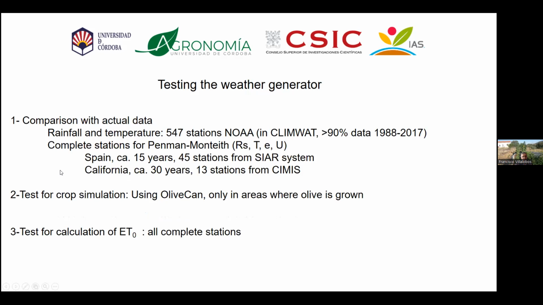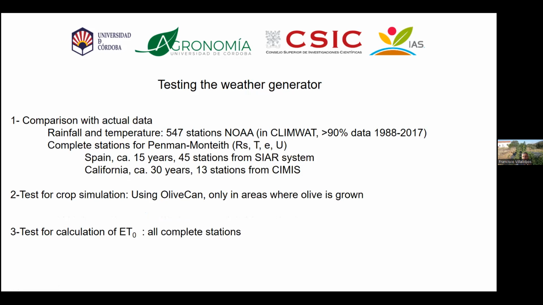We have tested the weather generator first comparing with actual weather data sets. First, we try to make a comparison for rainfall and temperature with a lot of weather stations taken from the NOAA database.